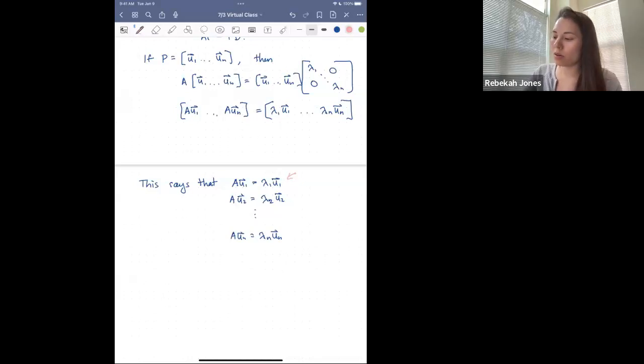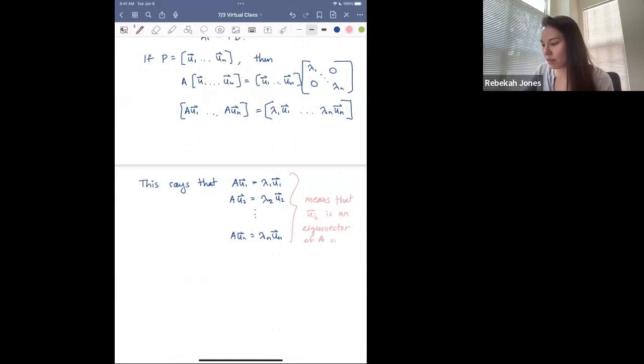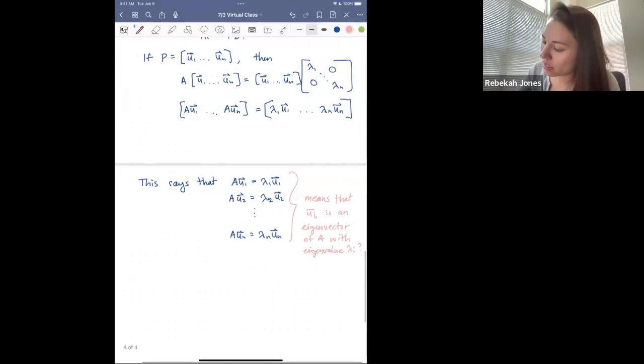So in general, for each i between 1 and n, u_i is an eigenvector of the matrix A with eigenvalue lambda_i.